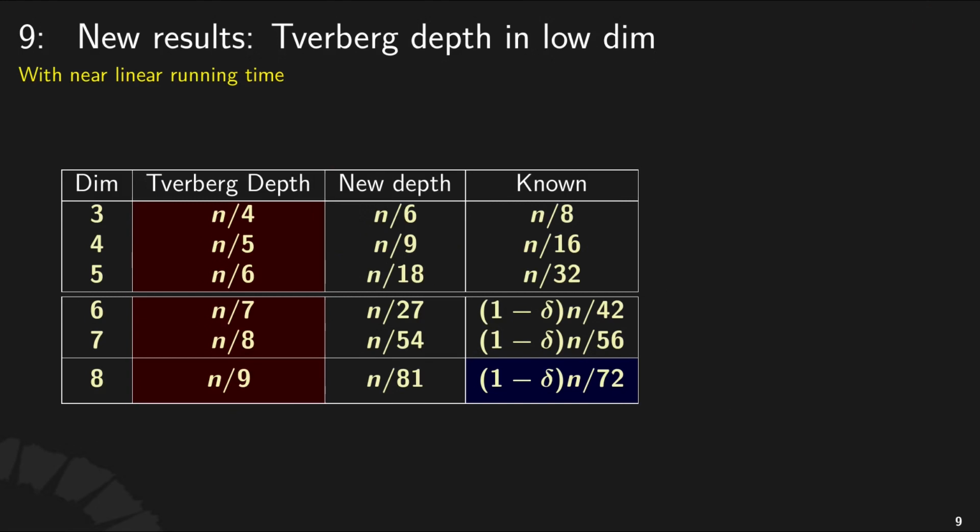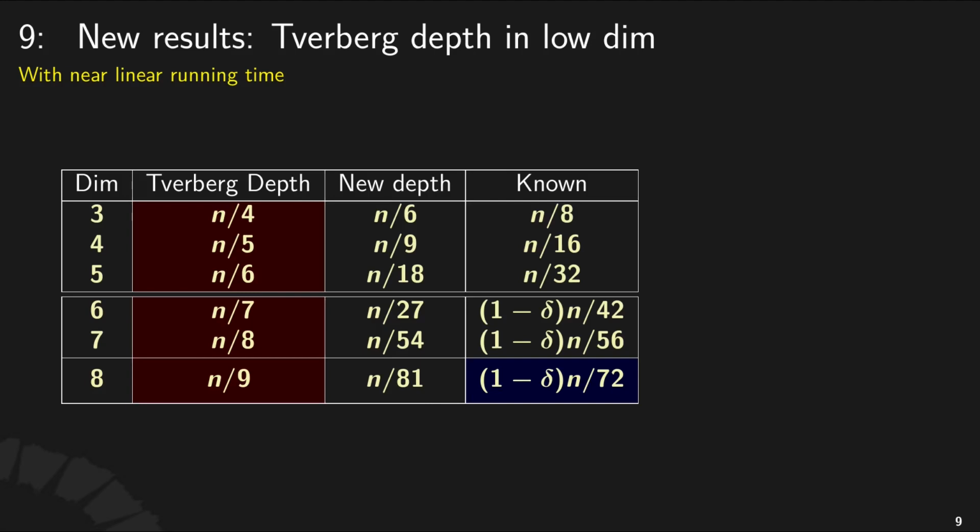Maybe another interesting application of our approach is that we were interested in what can be done in near linear time in low dimensions, right? So even in 3 dimensions, we know that there is a point with Tverberg depth n over 4, but we don't know how to compute it efficiently, not even remotely, right?